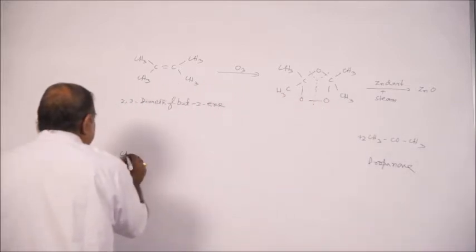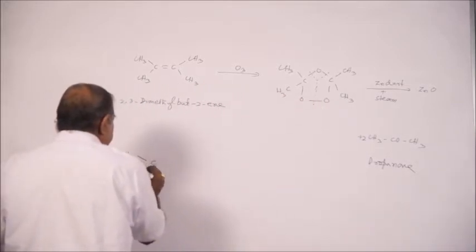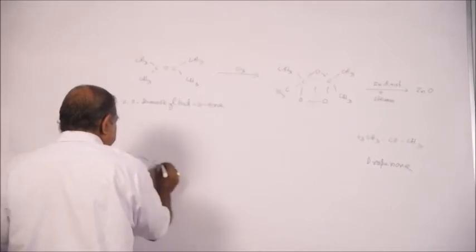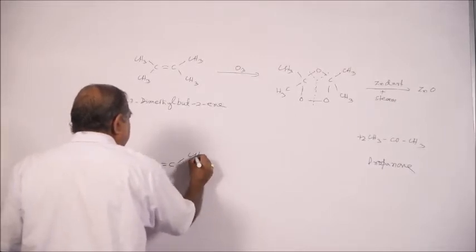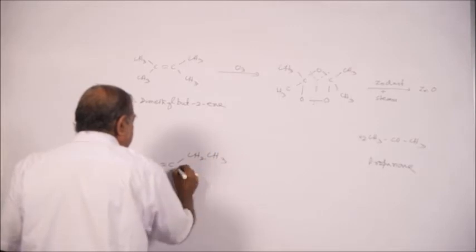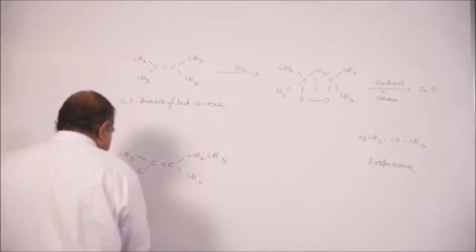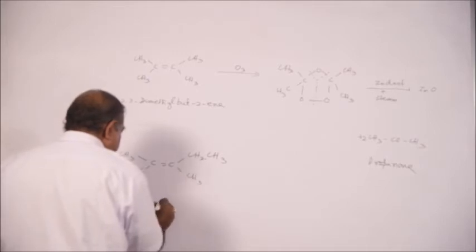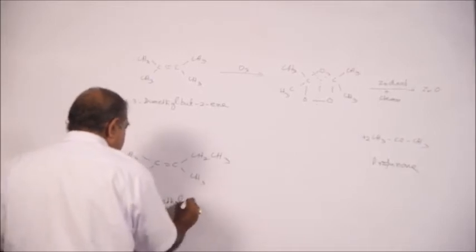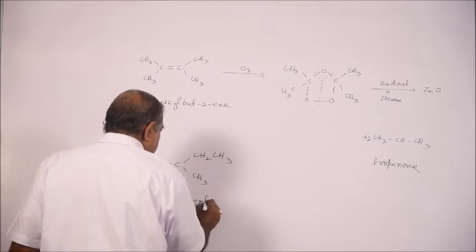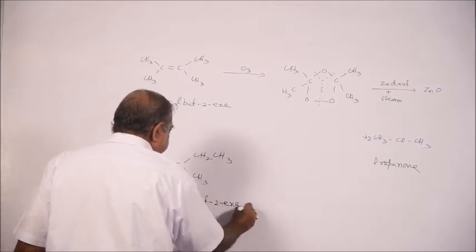But if you take this, this is also one of the alkenes, 2,3-dimethylpent-2-ene.